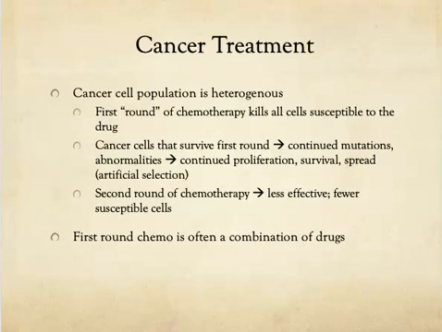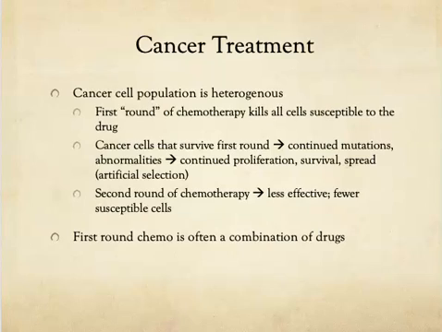By treating with that one drug, you're going to select for cells that are resistant to that one drug. That's why the second round of chemotherapy is often less successful than the first. The first round is the best opportunity to get rid of the cancer.